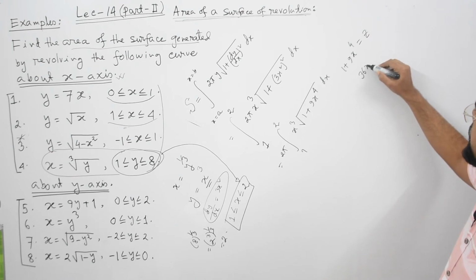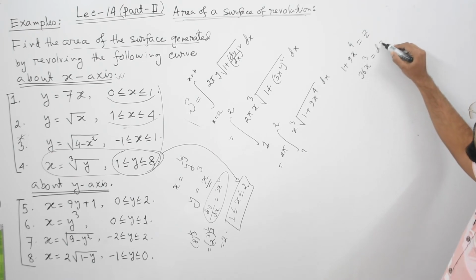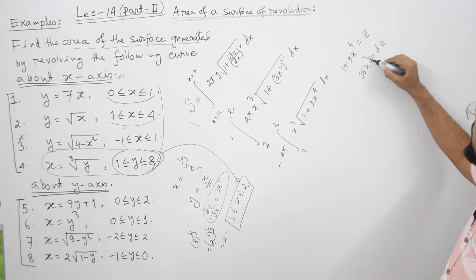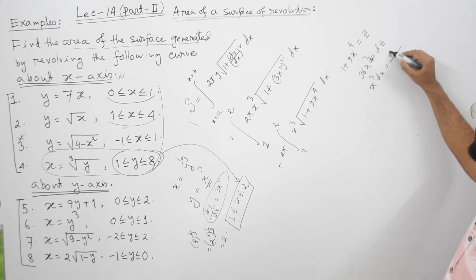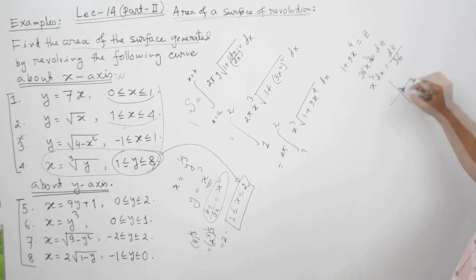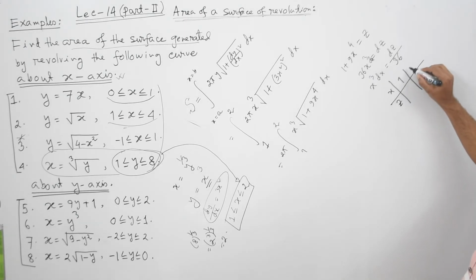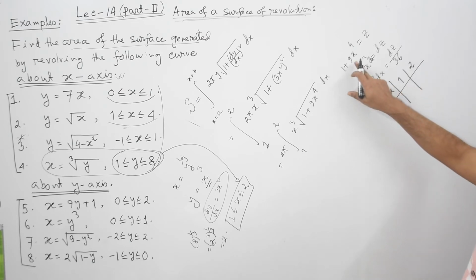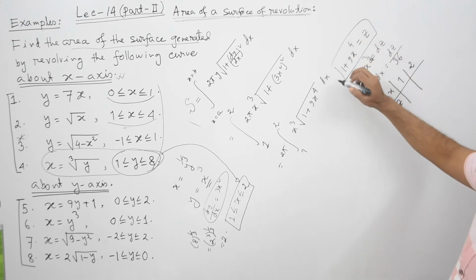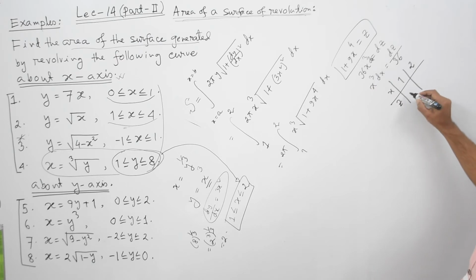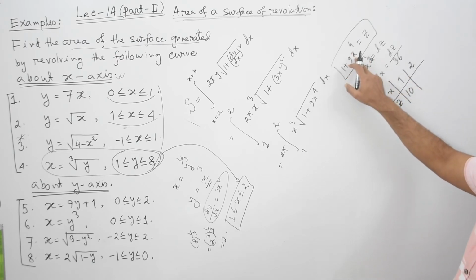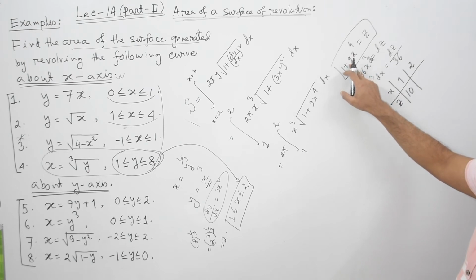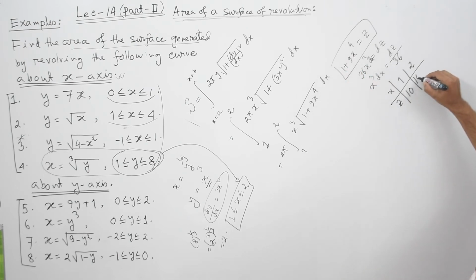So 36x cube dx equals dz. So x cube dx equals dz by 36. So the corresponding value of z, when x equals 1, if I put it here, z will be 10, and when x equals 2, 2 to the power 4 means 16 times 9 equals 144 plus 1, so 145.